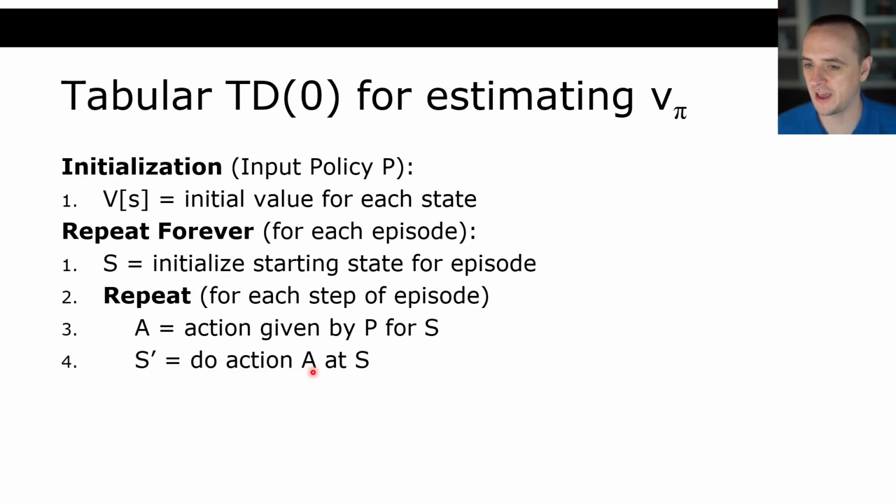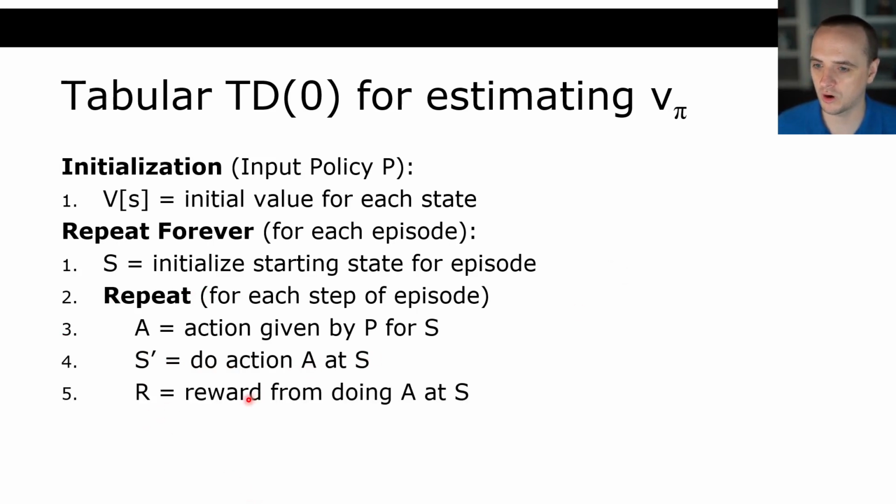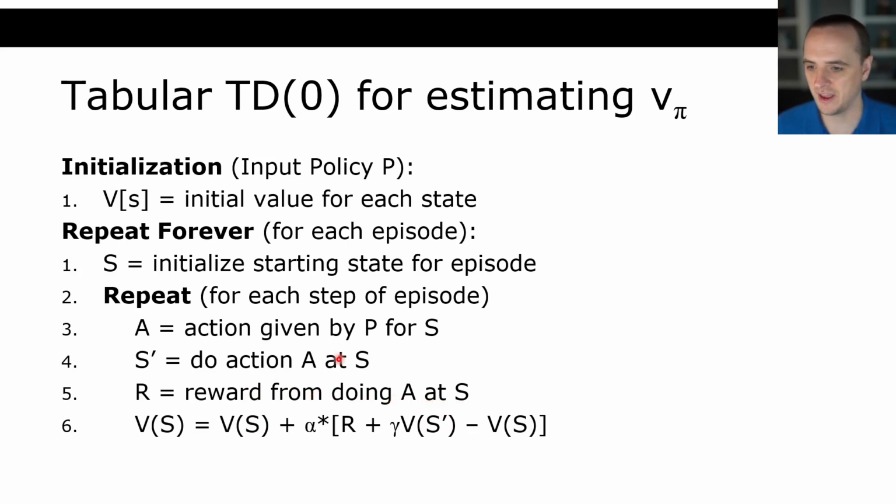We do action A at S. R is the reward that we got from doing action A at S. Then our new estimate for this state's value is the old estimate plus alpha times the reward plus gamma times the value of the next state minus the previous state's value.